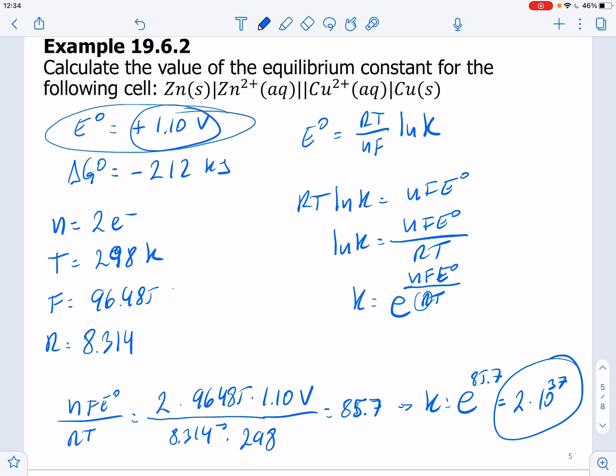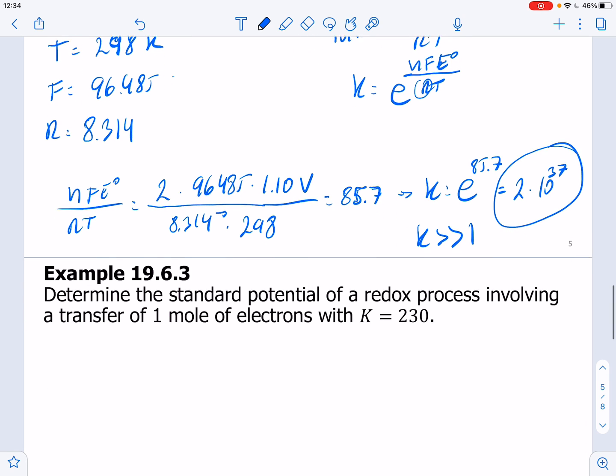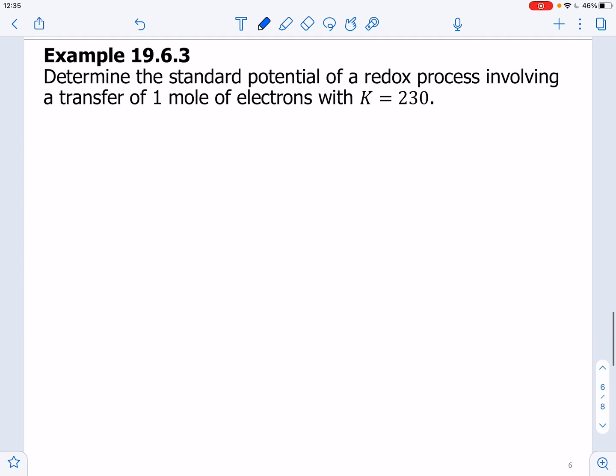All right. So here K is much larger than 1. Now in this reaction, we want to determine the standard potential of a redox process. We don't know what the redox process is, but we are transferring 1 mole of electrons, and we have a value for K that is equal to 230.